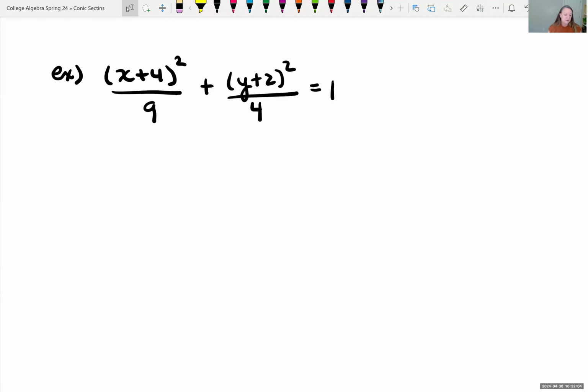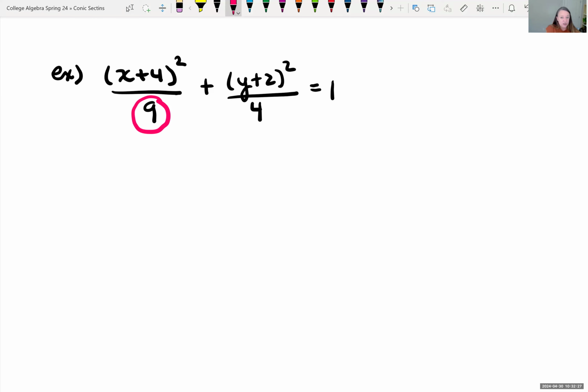So in front of us, we have an ellipse in standard form, x plus 4 quantity squared over 9 plus y plus 2 quantity squared over 4 is equal to 1. So it's in the standard form. I don't have to manipulate it to look like this. I notice that the larger number is underneath the x terms.